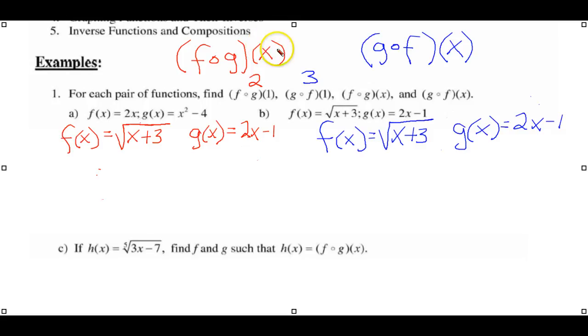Now when we put our X in there, again it's F composed of G. Well, this is going to be our X value right there. So we go under our radical sign, and where X is, we put 2x minus 1 plus 3.